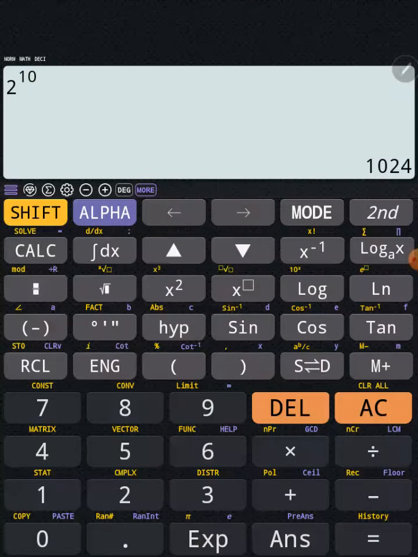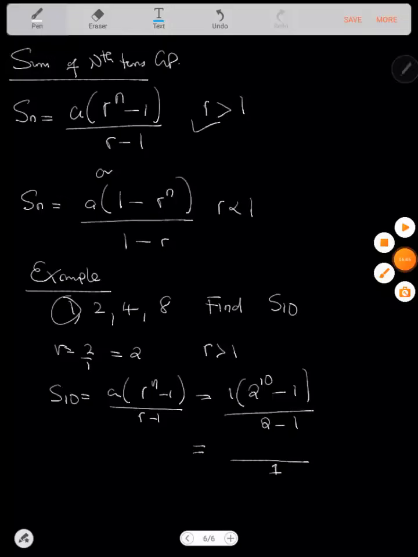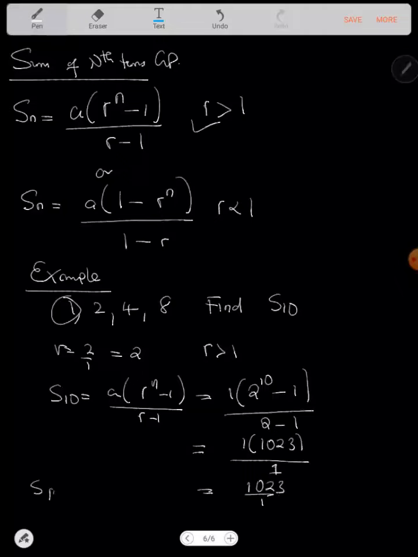Now remember there is minus 1. So we have 1023. So we have 1 times 1023, divided by 1. So the sum of the first 10 terms will be 1023.